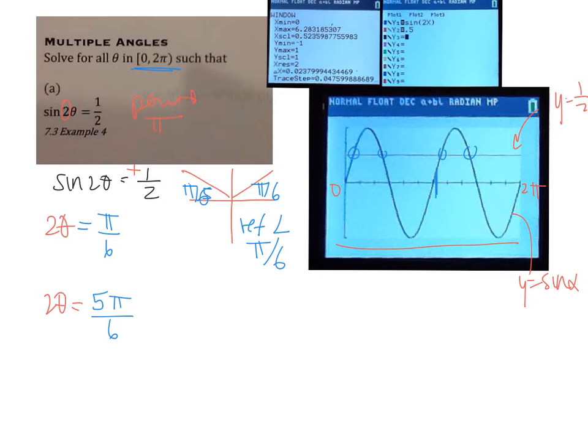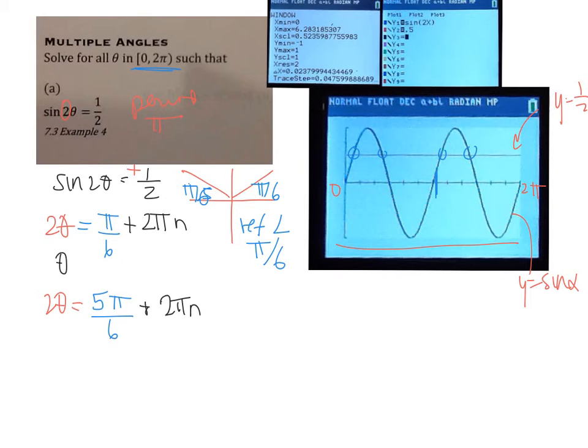So again, that's just for 2 theta, not for theta itself. We're going to add a revolution onto this. Well, we'll add several revolutions onto each of these angles. And then I'm going to solve for theta now.